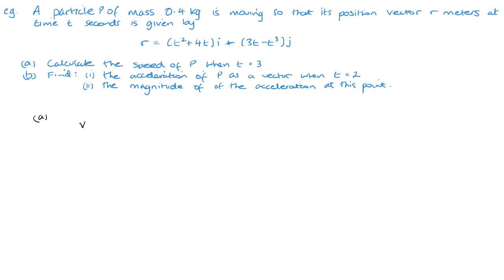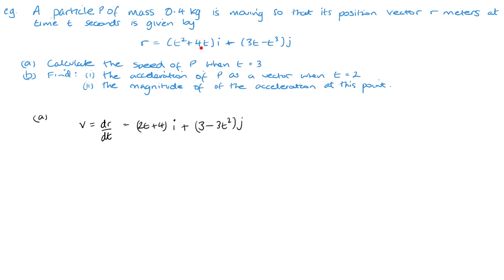So we're going to find the velocity, and that is dr by dt. That's going to be (2t plus 4)i plus (3 minus 3t squared)j. All I'm doing is differentiating the i term and the j term separately.